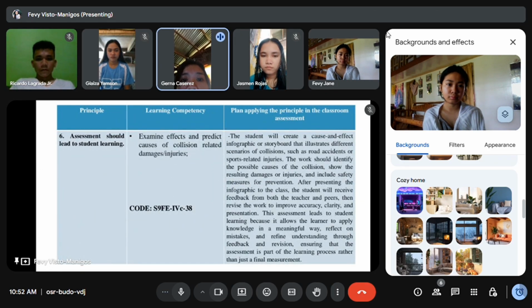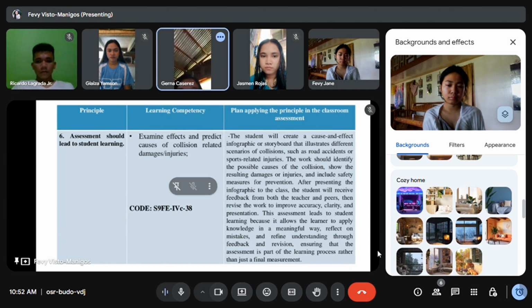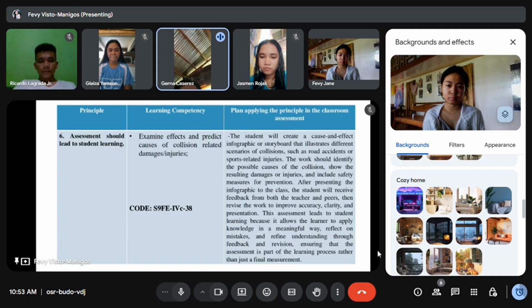the principle we use is assessment should lead to student learning. In the learning competency, examine effects and predict causes of collision-related damages and injuries.